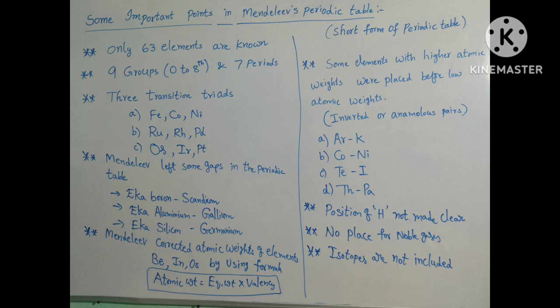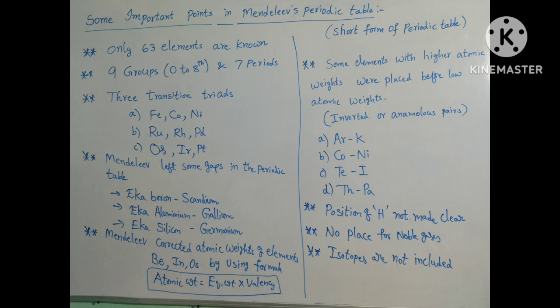It is a question: beryllium, indium and osmium are the elements whose atomic weights were corrected. The formula used in correcting atomic weight: atomic weight is equal to equivalent weight times valency.